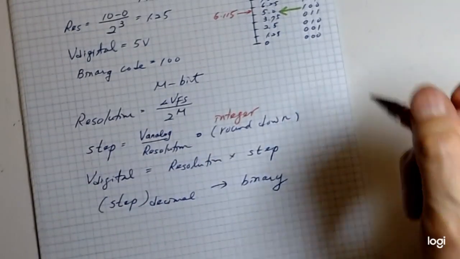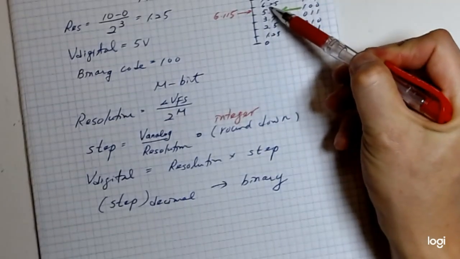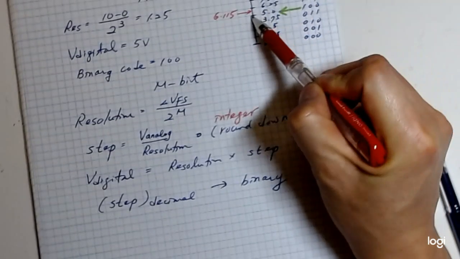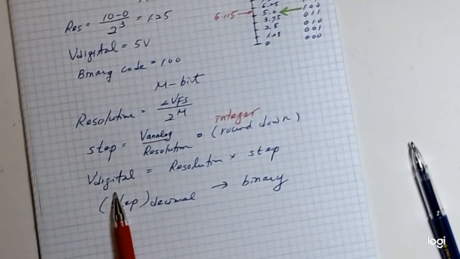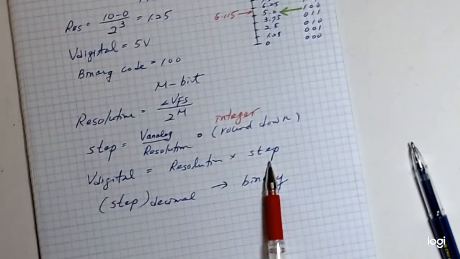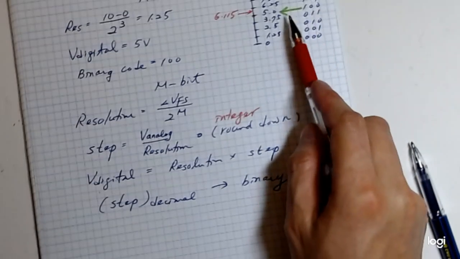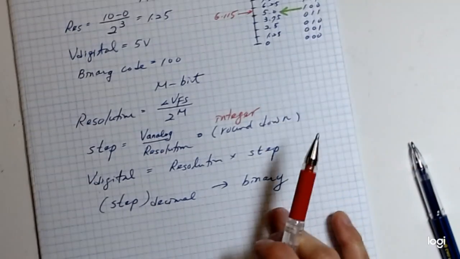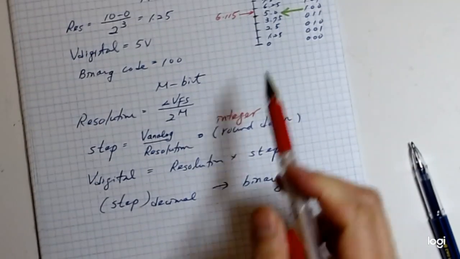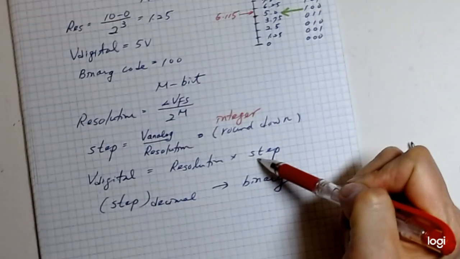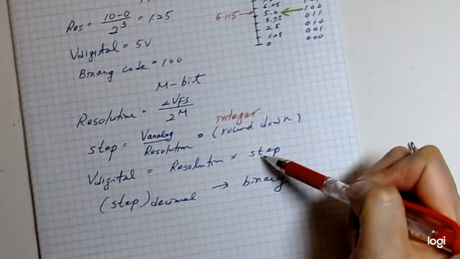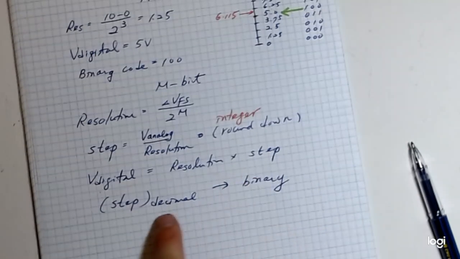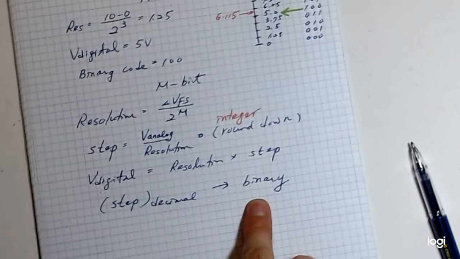Take the smaller one. Between 5 and 6.25, you pick 5. So what's the digital voltage? Resolution times the step. And then the corresponding binary, you convert the step from decimal to binary.